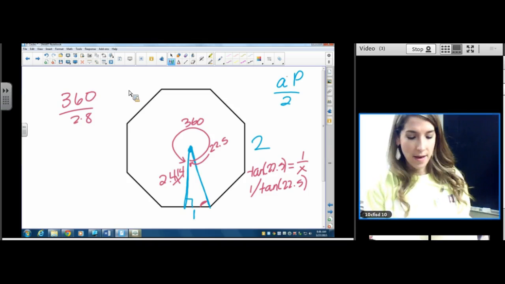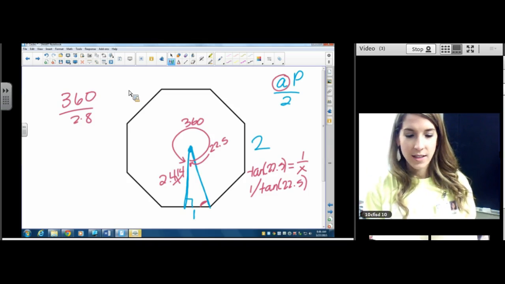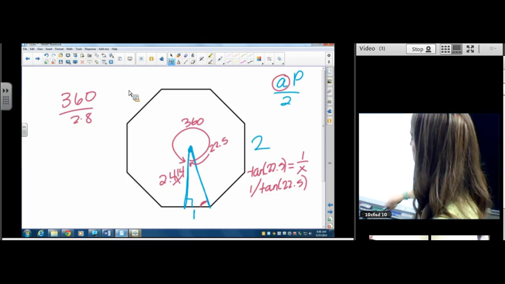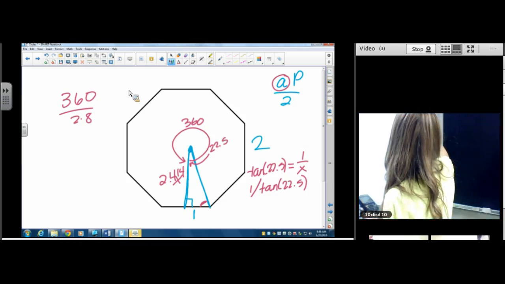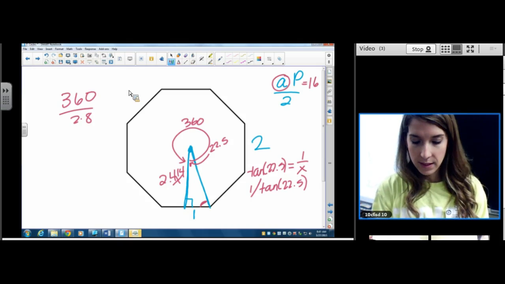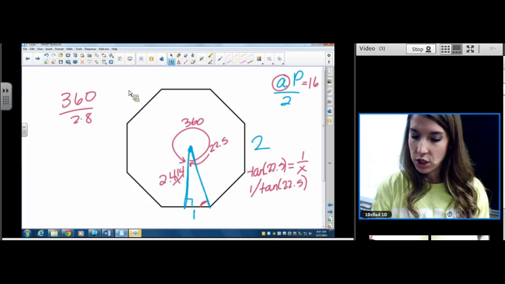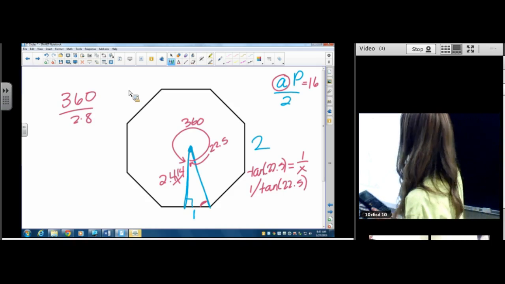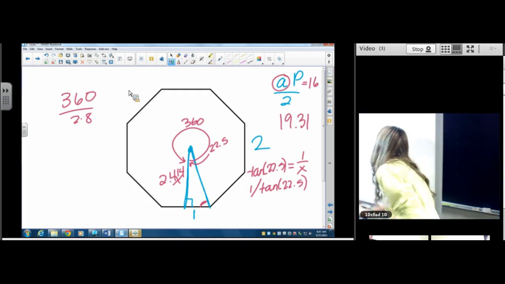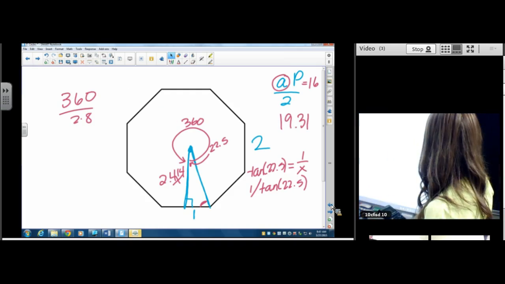Now I'm going to multiply it by the perimeter times, what's the perimeter? Let's see, each side is 2, and there's 8 sides. So the perimeter is 16, so I'm doing that apothem times 16 divided by 2. 19.31. Did we have units?